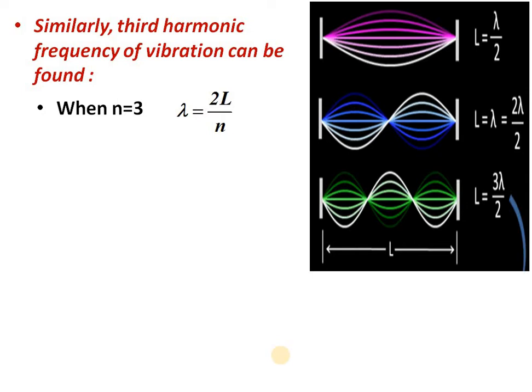Okay, and again let's move on. When we take n is equal to 3, we get what? The excited wavelength on the string is lambda 3 is equal to 2L by 3. So you can see the third figure here. You will have 3 bumps like this, and the string will vibrate by making 3 bumps.